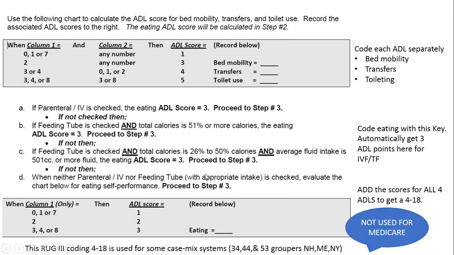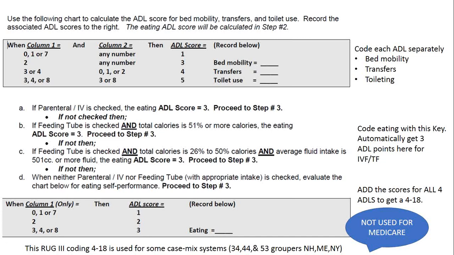But if indeed there's no IV fluids, there's no tube feeding, then this is the way eating is calculated, a 0, 1, or 7 for the resident self-performance with, you're going to get 1 point. Doesn't matter how many people are doing this for eating, where in the Medicare one it does. Limited assist, you're going to get 2 points. Once you get to extensive, total, or didn't occur, once again, kind of inaccuracy in how we do things, you're going to get 3 points.